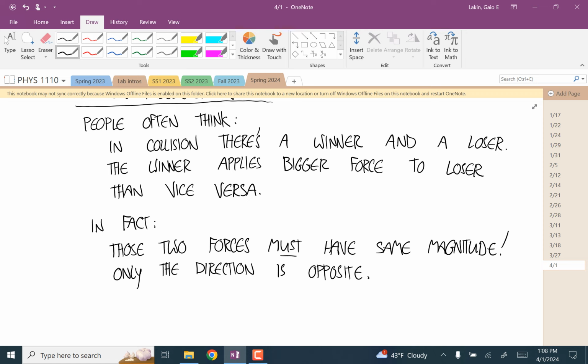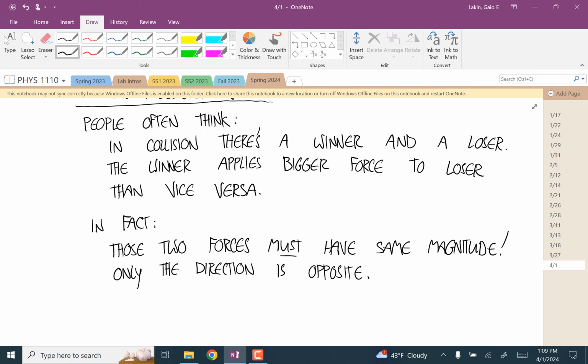Okay? So how can that make sense with what we know happens in the outcome of that collision? Really, in most cases, it comes down largely to just mass. If you apply 100 newtons of force to an airplane, it doesn't affect it at all.